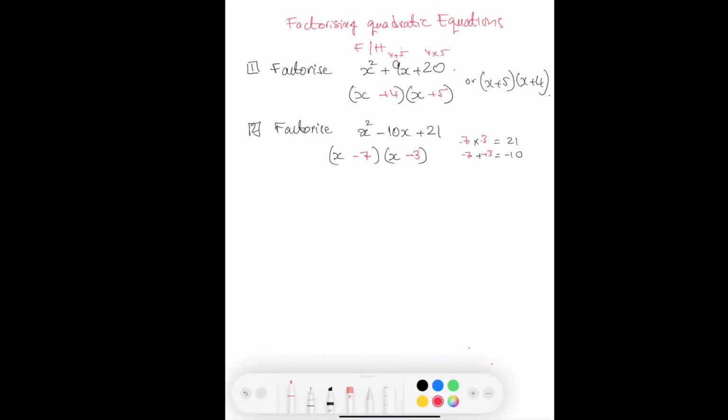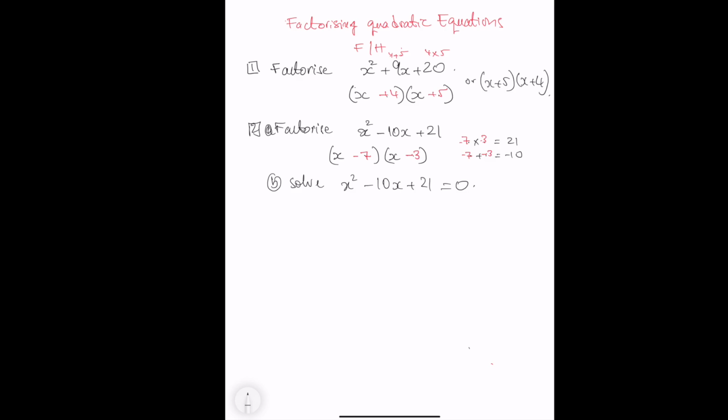Right. And if the question says, like, part A and B says solve x squared minus 10x plus 21 equals 0, you don't have to use the quadratic formula or completing the square.